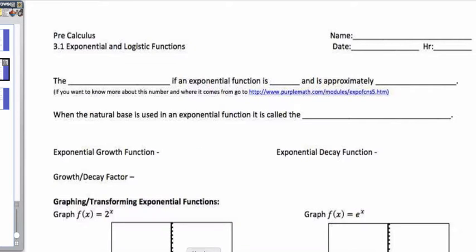Okay, so now we're going to talk about a special exponential function that we see a lot, and it's called the natural base. The natural base of an exponential function is e. e is approximately 2.718.